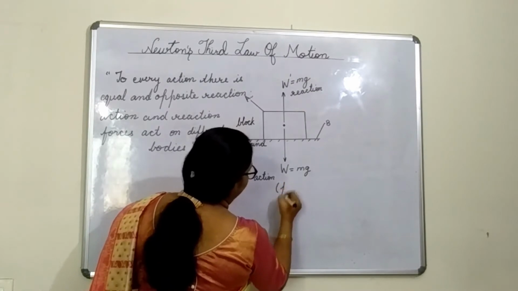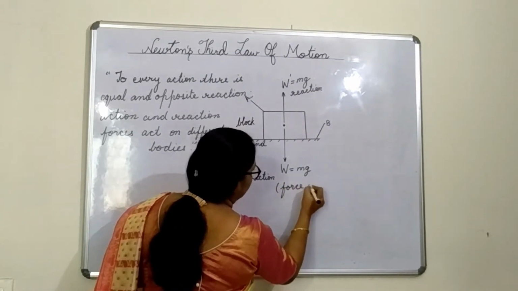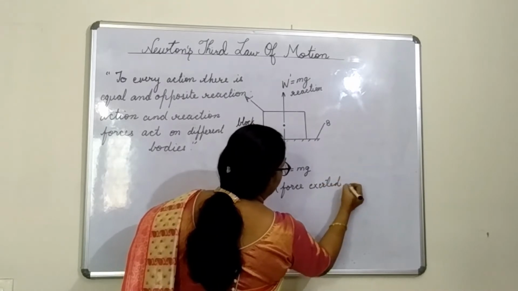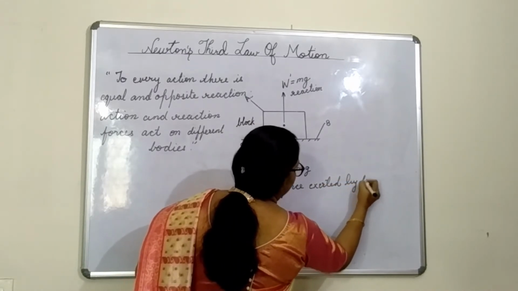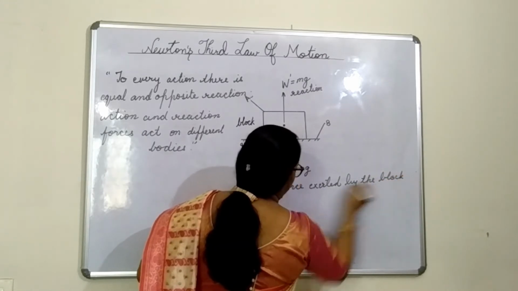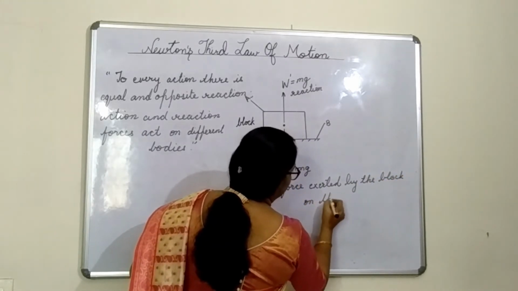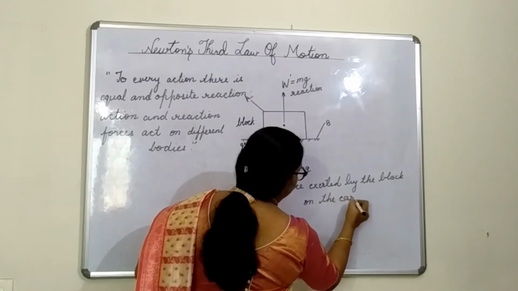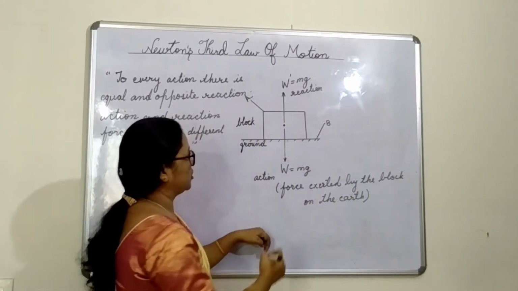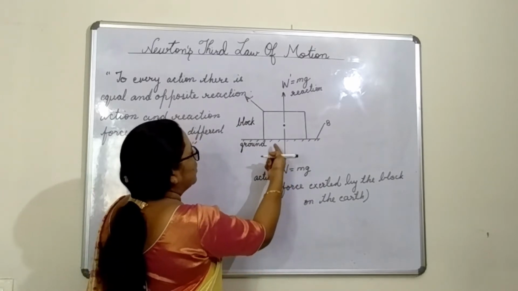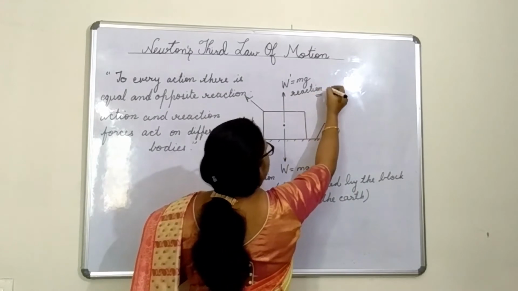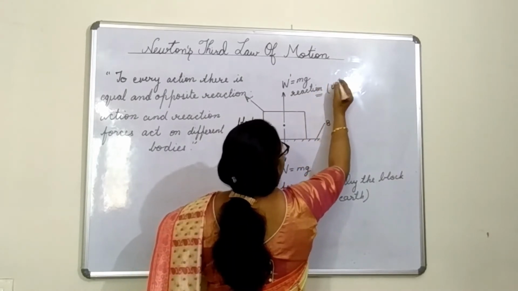Action is the force exerted by the block on the earth, which is in downward direction. The force exerted by the ground on the block is this reaction. This is in upward direction.